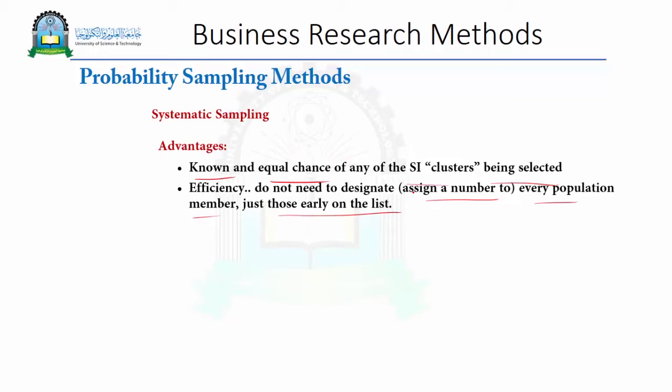In simple random sampling, we number the names, put them in a box or a hat, and then draw the sample. Systematic sampling also works with a homogeneous and small population, just like simple random sampling. It is less expensive and faster than simple random sampling, because it depends on lists.